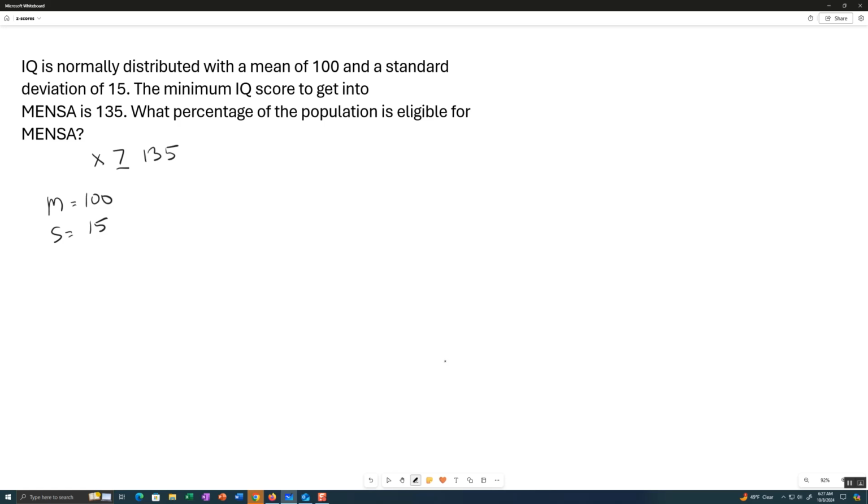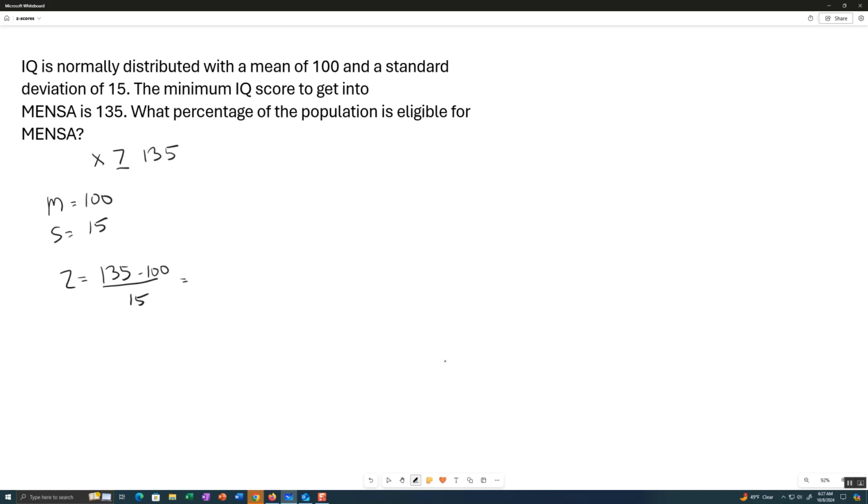So let's make it a z-score, because in order to use the normal distribution table, we need to have a z-score. We also have to assume that IQ is normally distributed, which we're saying it is, and generally, in the real world, it is. So we want 135 minus 100 over 15.